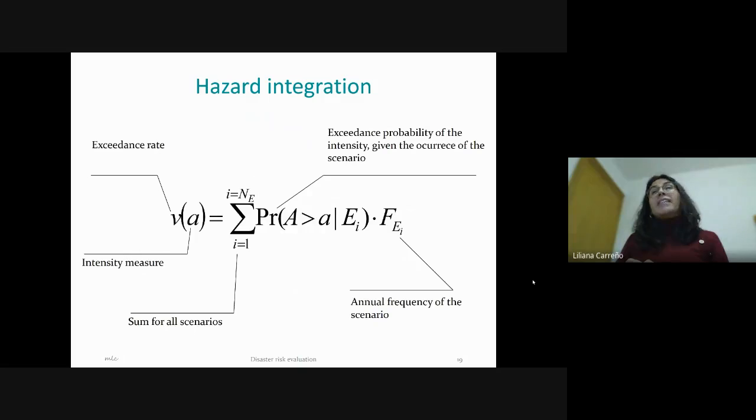With this set of events, we have to calculate an exceedance rate of a measure of intensity. The exceedance rate of an intensity is the sum over these scenarios of the exceedance probability of the intensity, given the occurrence of the scenario, multiplied by the annual frequency of the scenario.